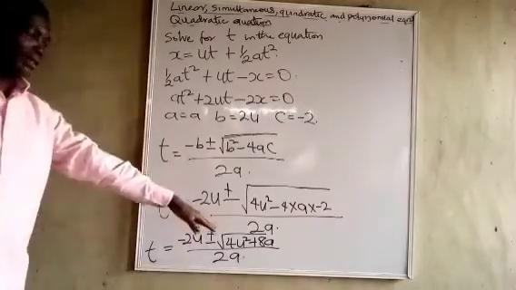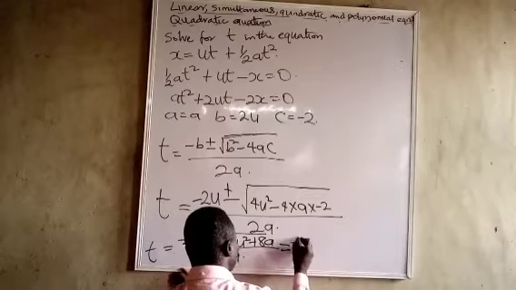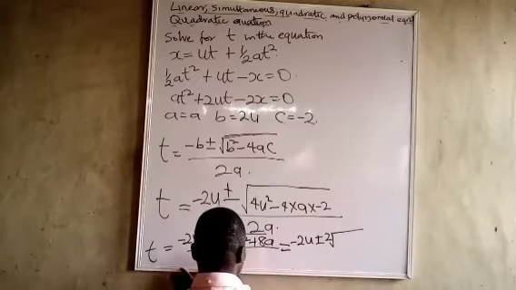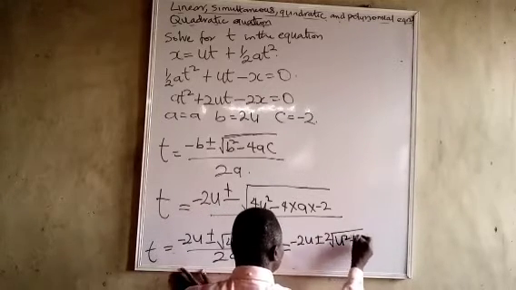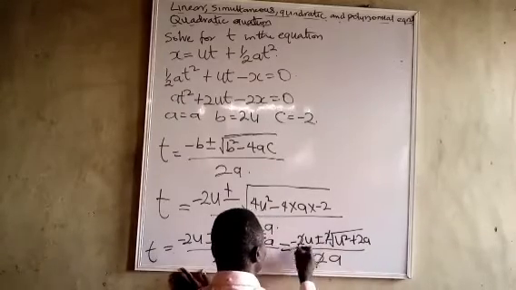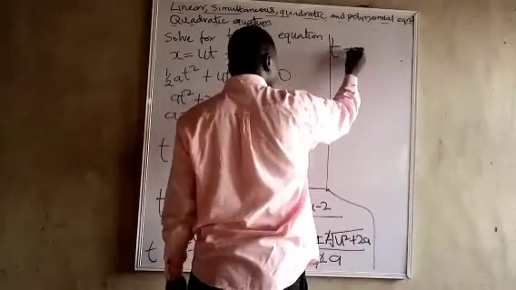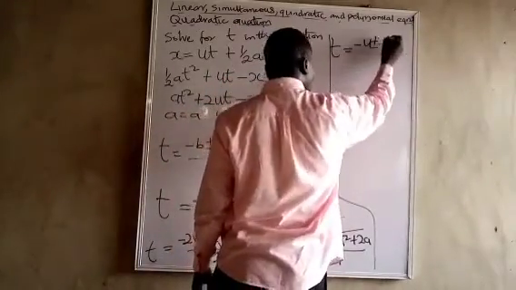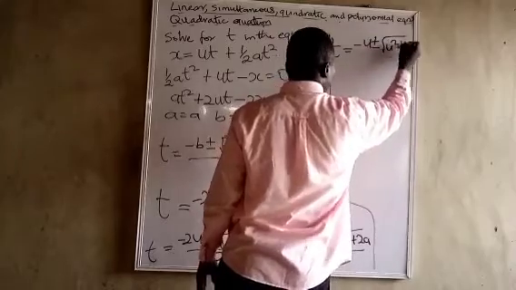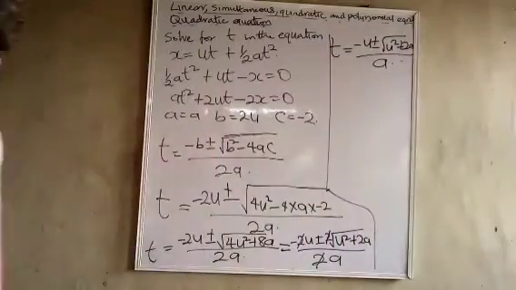Now, I can still break this further due to knowledge of surds. And that will be minus 2u plus or minus roots 4 times u squared plus 2ax over 2a. So that will cancel this. So at the end of the day, t will be equal to minus u plus or minus root u squared plus 2ax over a.